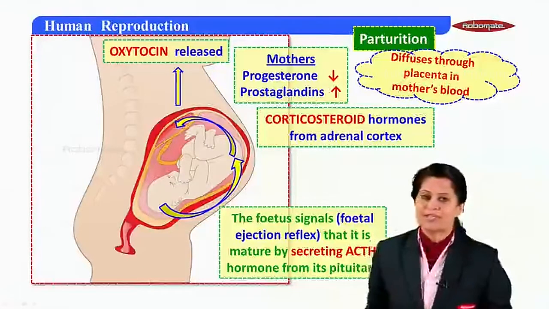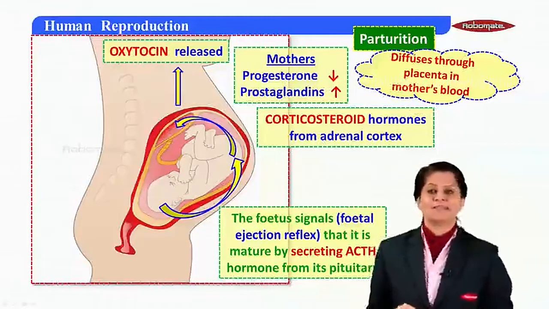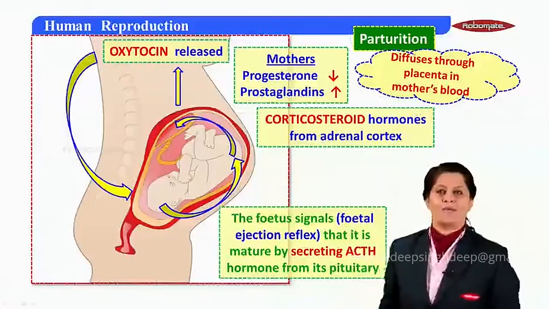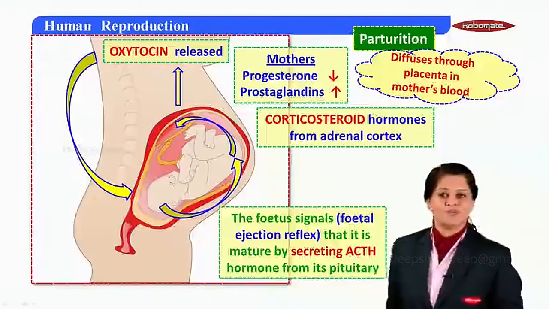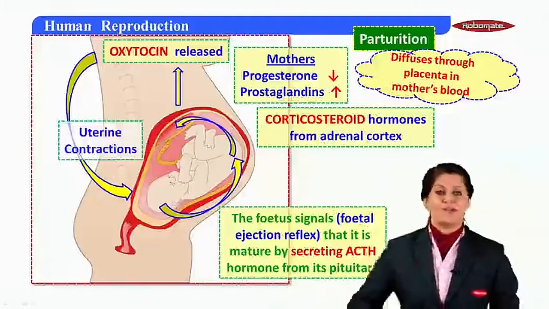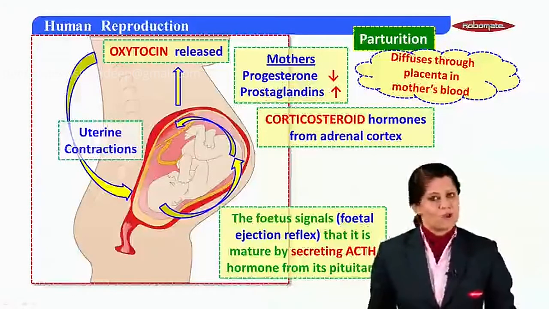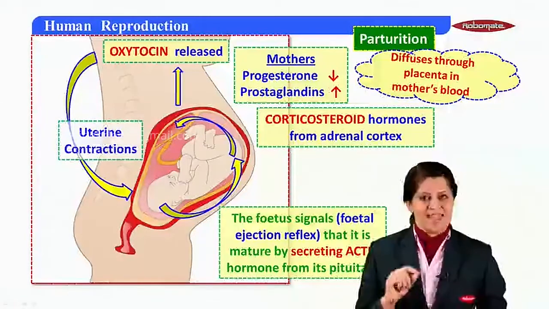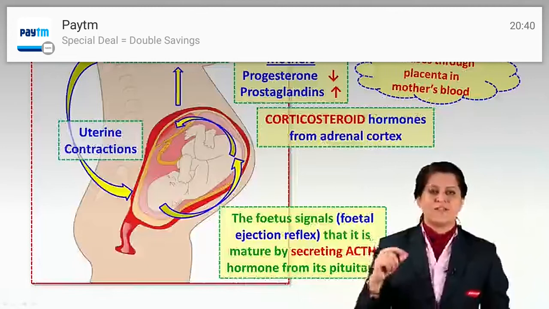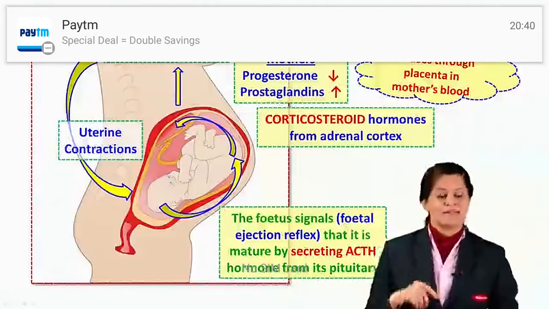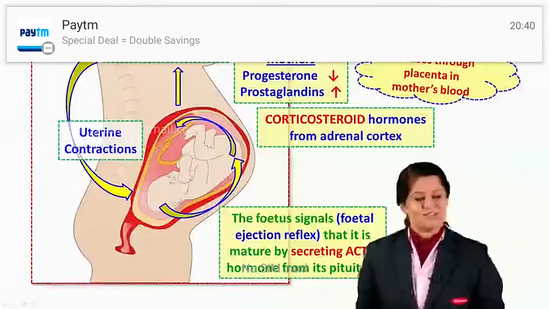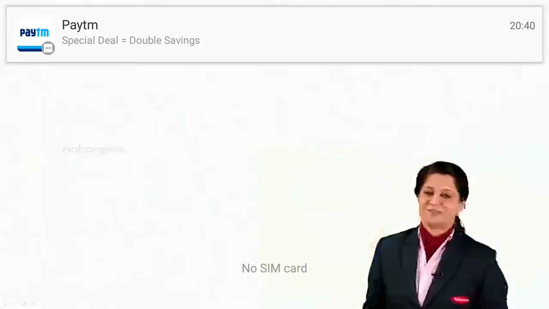Once oxytocin is released from the mother's pituitary, oxytocin stimulates the muscles of the uterine wall to start contracting. The uterine contractions begin, which we call as labor pain. So this is how the parturition is signaled, or the delivery of the fetus actually begins, right from the fetal ejection reflex to the contractions in the uterine wall.